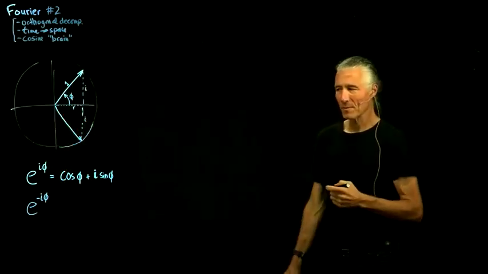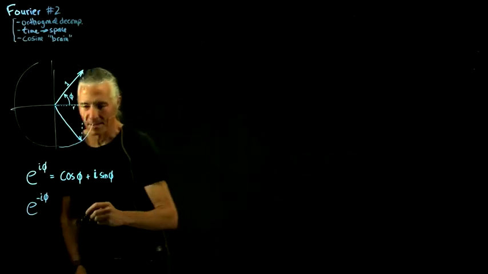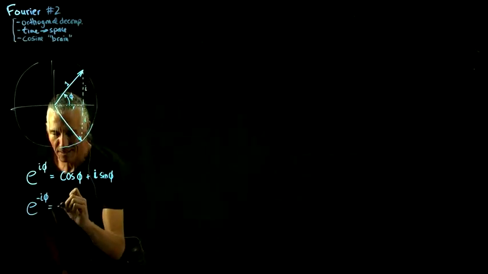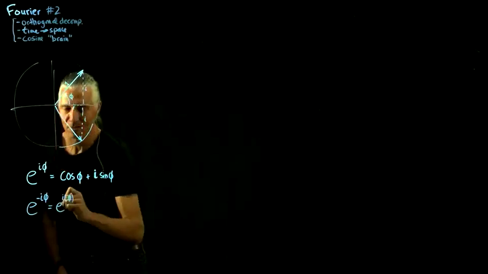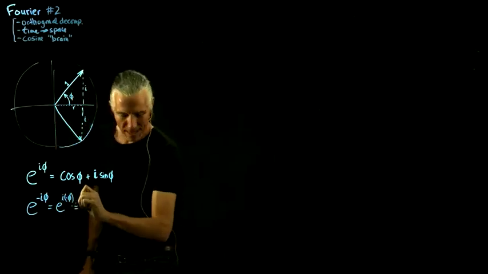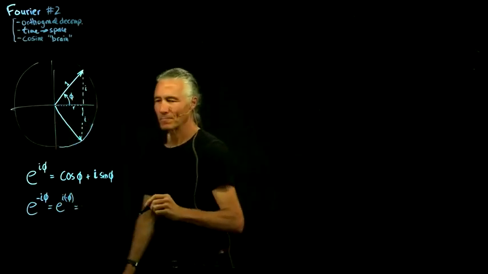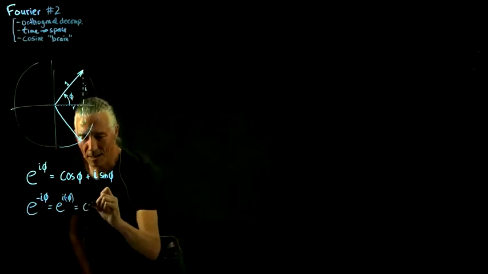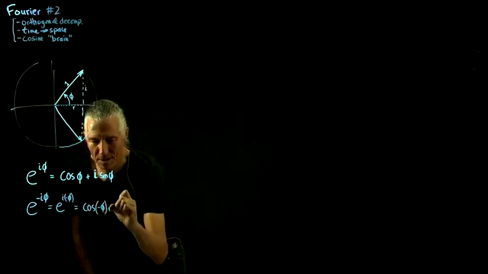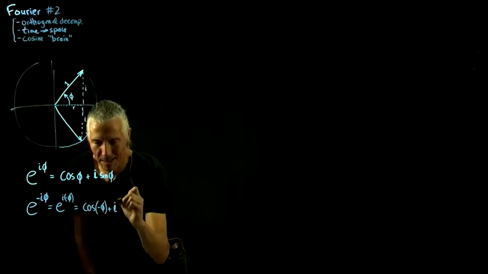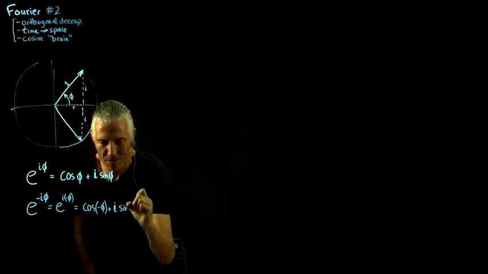So you often see e to the minus I phi, like when I first wrote up the Fourier transform. We can think of that as e to the I times minus phi, but then what does that equal? That equals the cosine of minus phi plus I times the sine of minus phi.